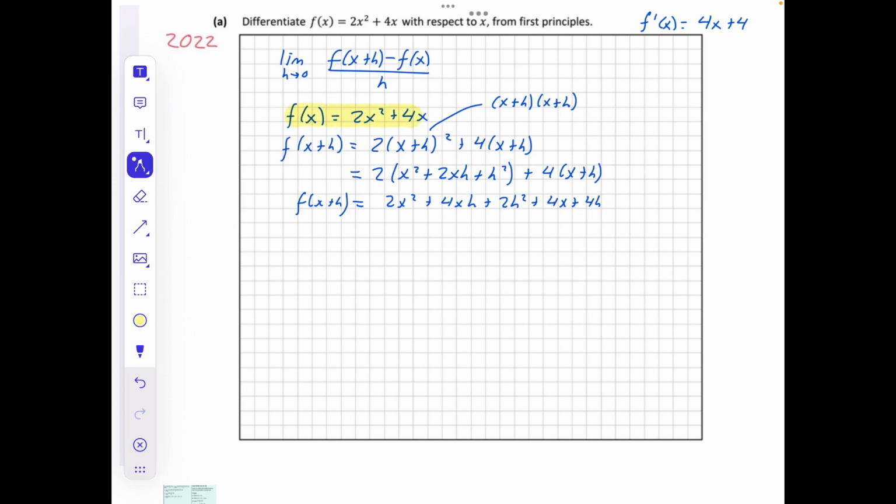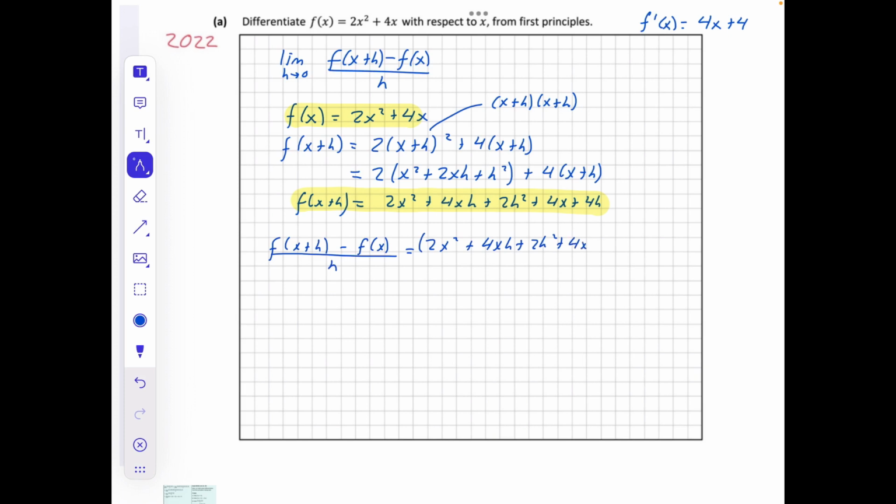Okay, and that's my f of x plus h. So now I have my f of x, and I have my f of x plus h. We're now going to put it together. So we need to find f of x plus h minus f of x, all divided by h.